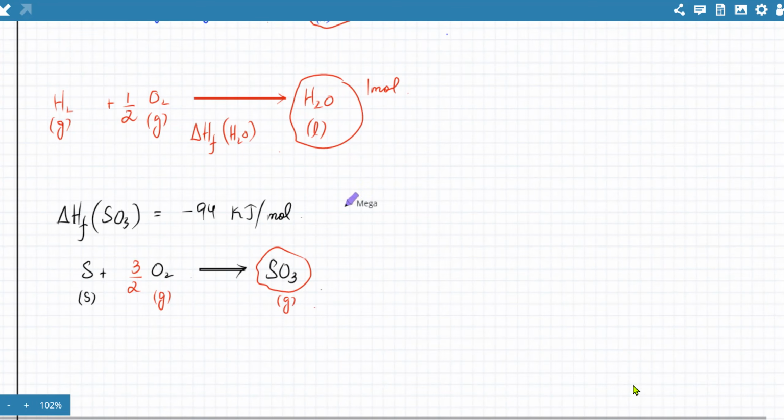Let's do another one. Let's say somebody tells me that the enthalpy of formation of CBr3COOH has a particular value. Let's say, hypothetically speaking, minus 200 kilojoules per mole.